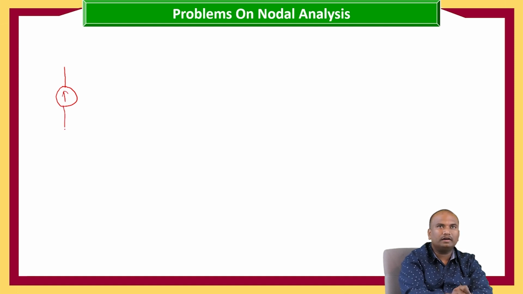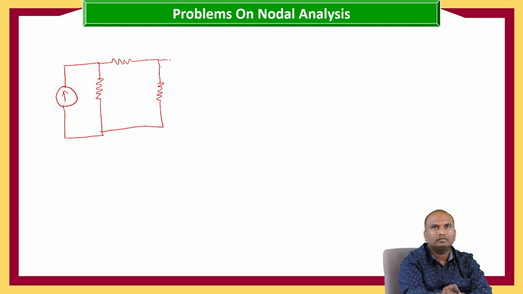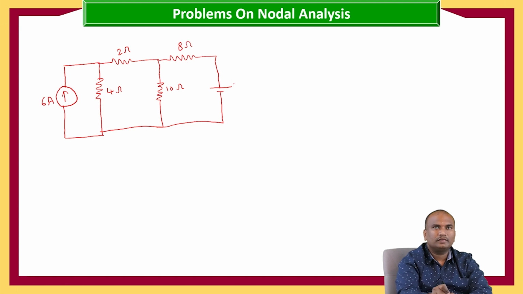Now let us go with the current source. Six amperes, 4 ohms, 2 ohms, 10 ohms, 8 ohms, and let us consider this as 5 ohms.